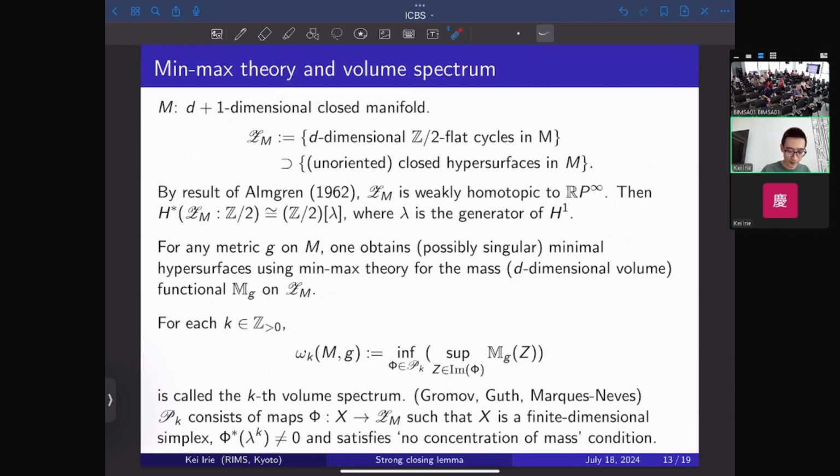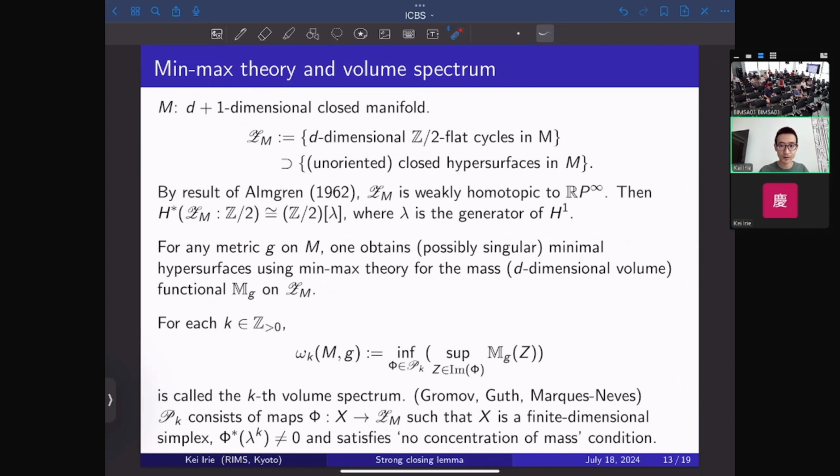So let M be any d plus one dimensional closed manifold and consider the set Z_d of d-dimensional Z2 flat cycles in M, which contains the set of unoriented closed hypersurfaces. So, this set is equipped with the flat topology, and by the result of Almgren, one can compute the homotopy groups of this space.